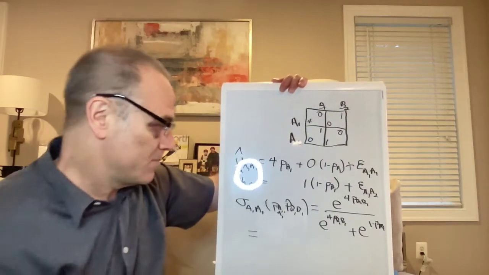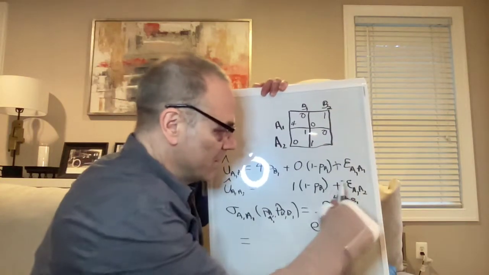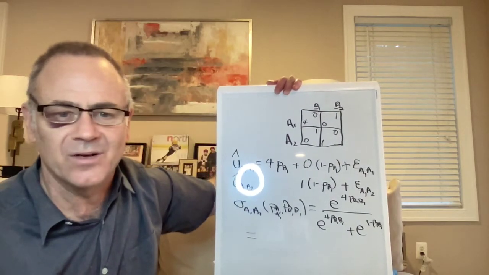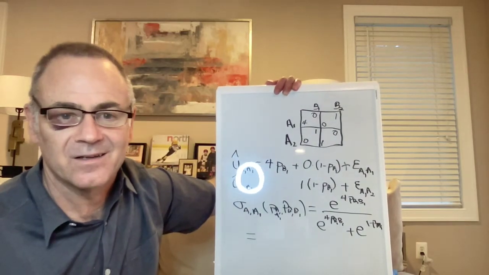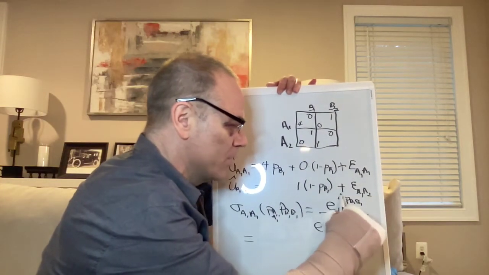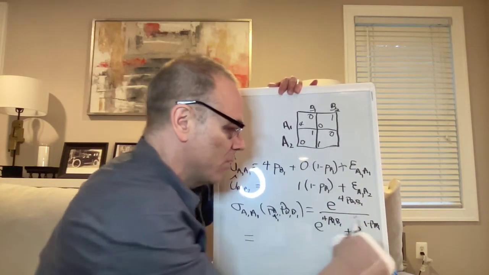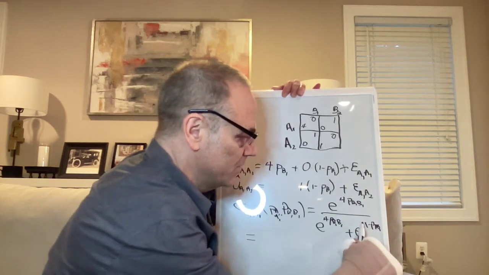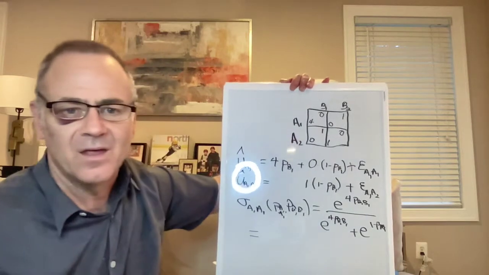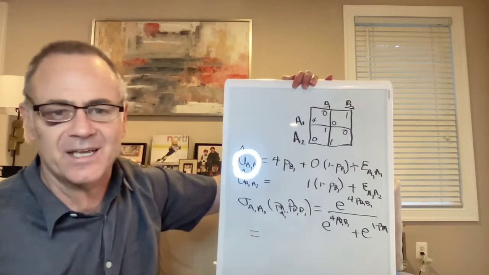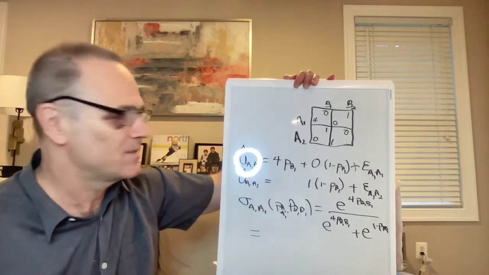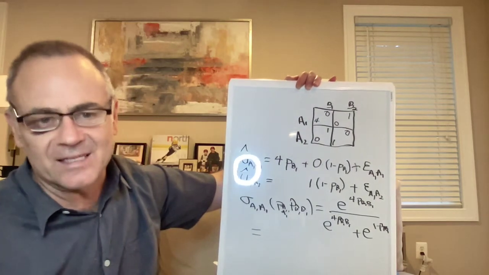Given my assumptions, this is the probability. But what if we change the units to pennies? Then instead of 4 this should be 400, and this should be 100 times this term. So that changes the probabilities if I just change the units, and that's a problem.